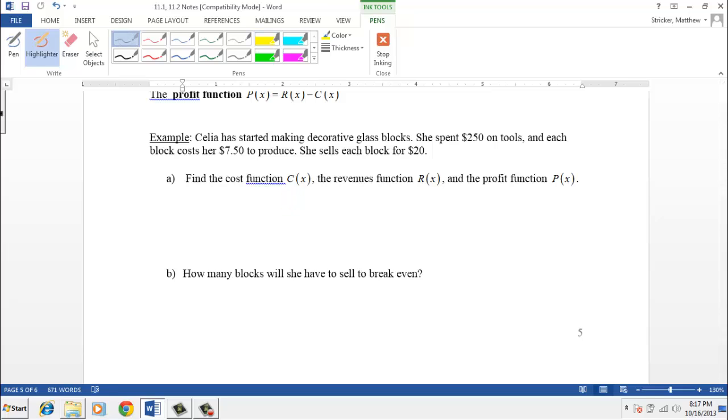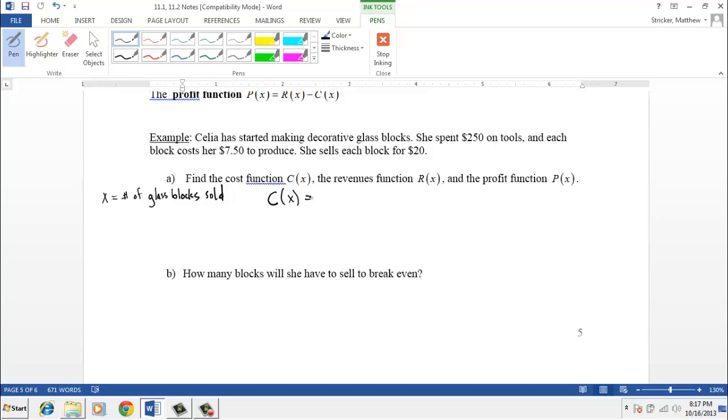And we should assume that x equals the number of glass blocks sold. Okay, so remember, cost, C of x, could have fixed costs plus variable costs that change. And so what's the fixed cost in this particular example?